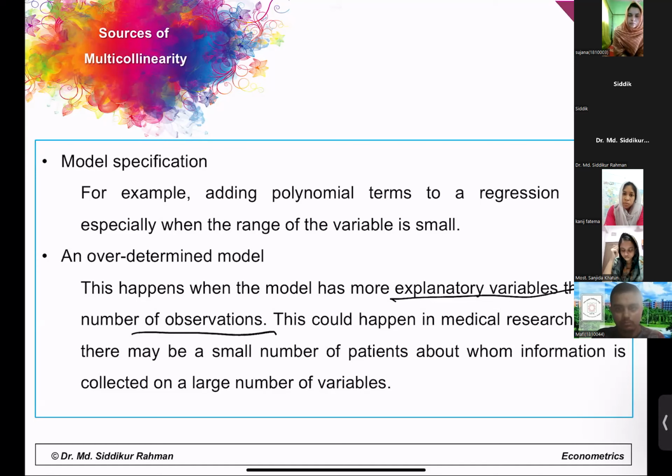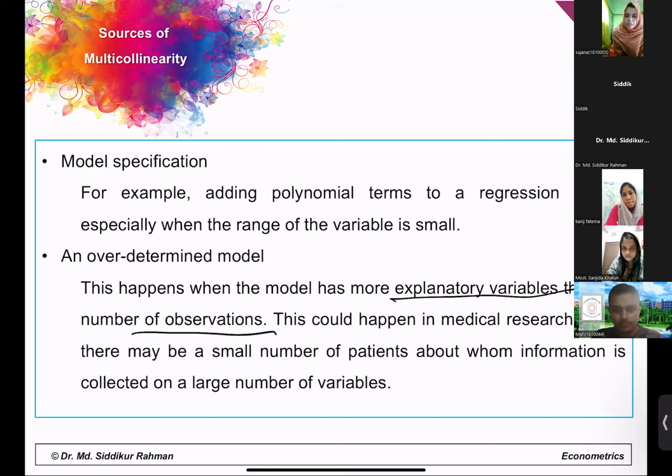So the sentence here is that multicollinearity happens when the model has more explanatory variables than the number of observations. And this is a strict violation of the assumption of the classical linear regression model. Don't you think this is a violation? Yes, sir.